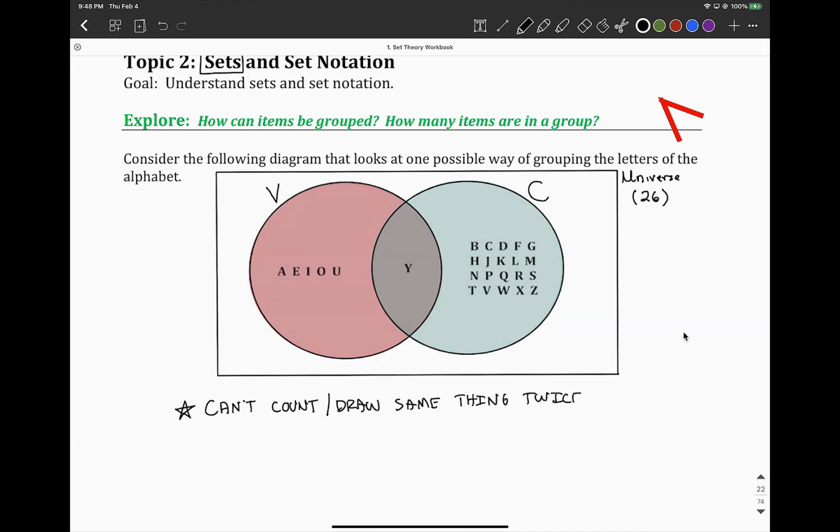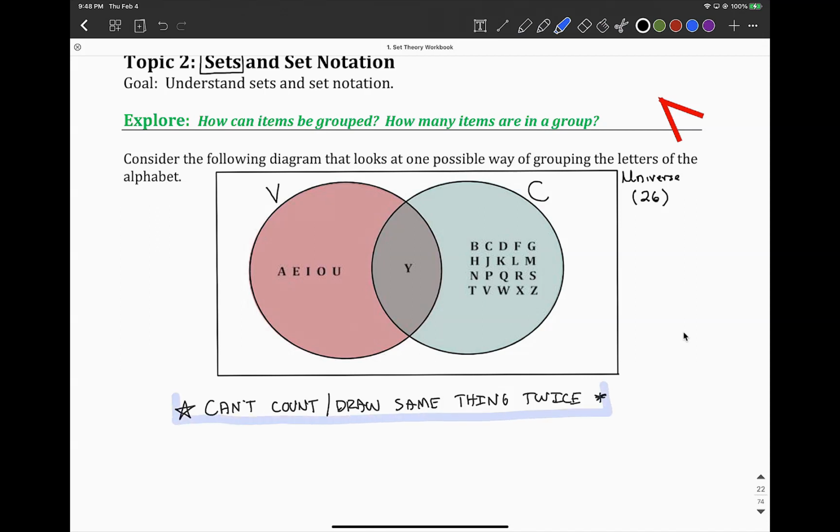We can't count the same thing twice. Duplicates are essentially forbidden from now until you're done this course. We don't want to count them as a probability, we don't want to count them as an outcome, and we don't want to count them as elements in these diagrams.